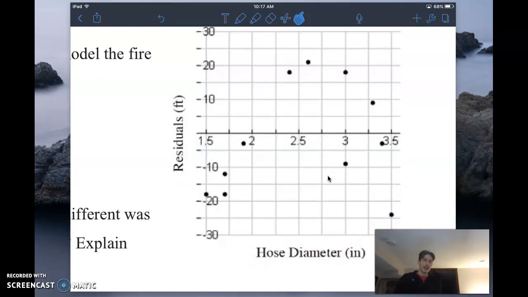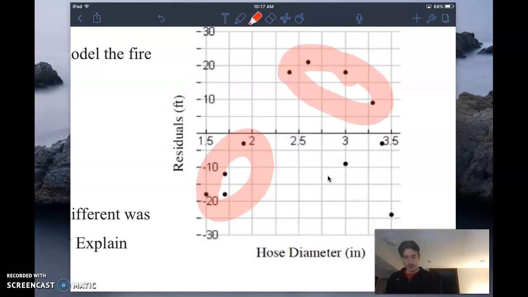What I see is 1, 2, 3, 4 points below the x-axis, then 1, 2, 3, 4 points above, and then 3 down here. Some of you are probably connecting those, and that's okay.